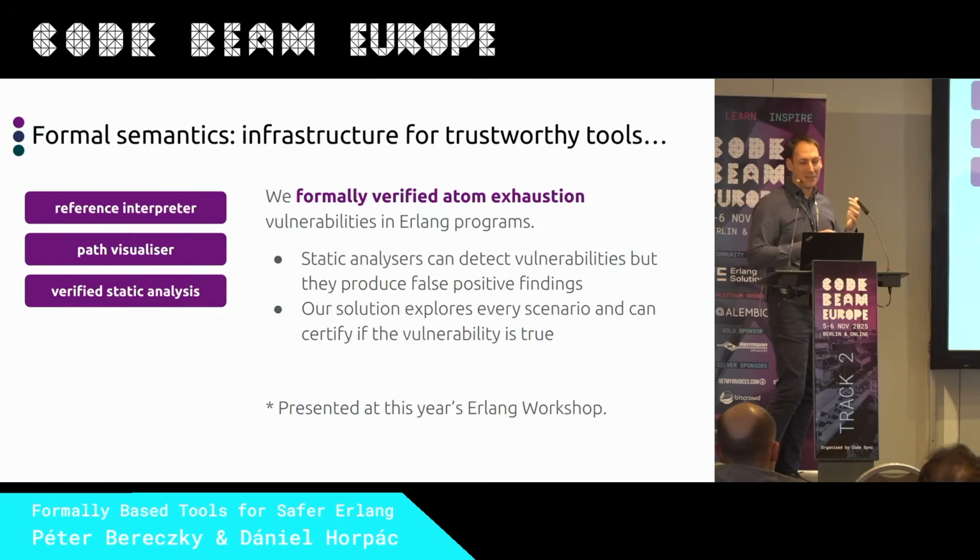When you get a hit, you want to decide whether it's a true or false positive. What you do is try to exploit the problem. Well, you don't have to try. The formal semantics knows exactly whether the problem exists or not, and it can prove it.